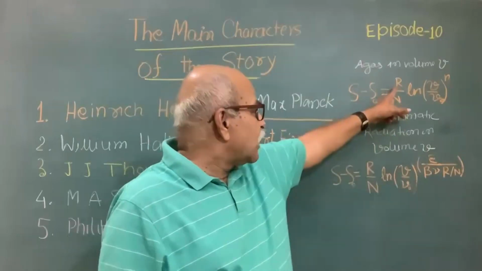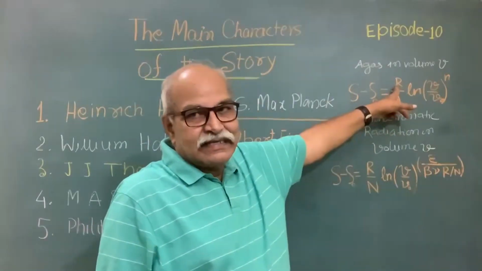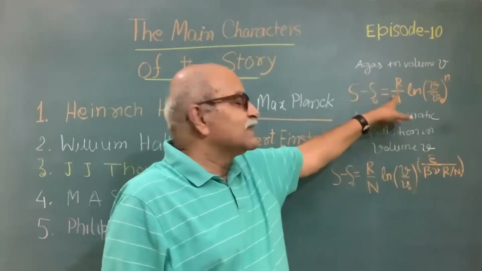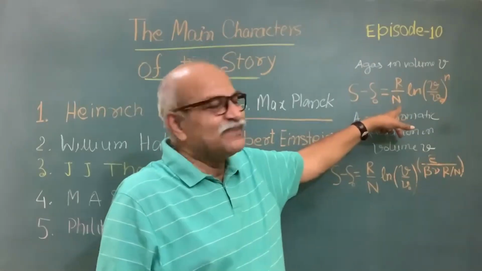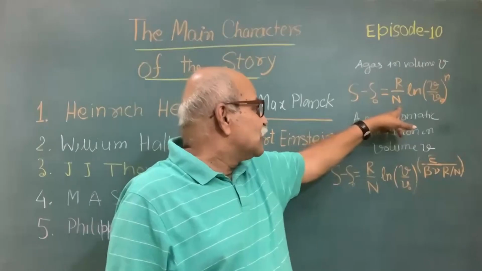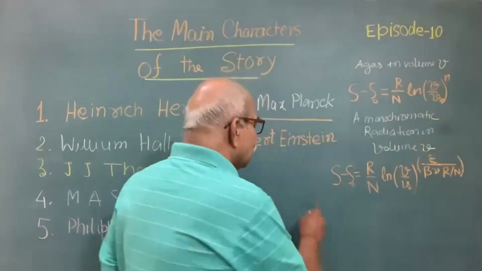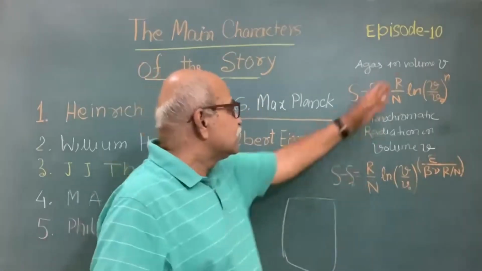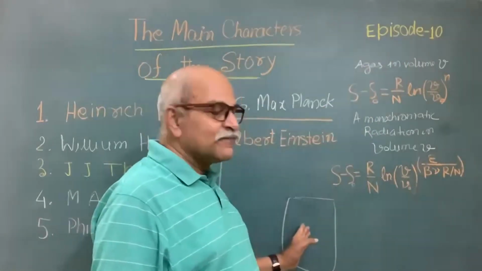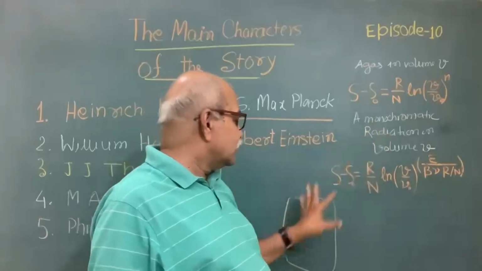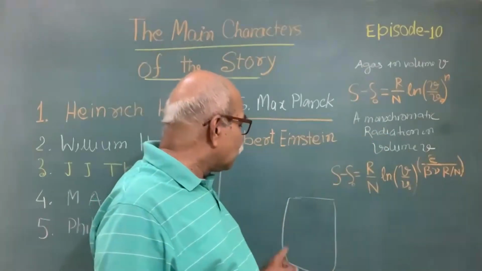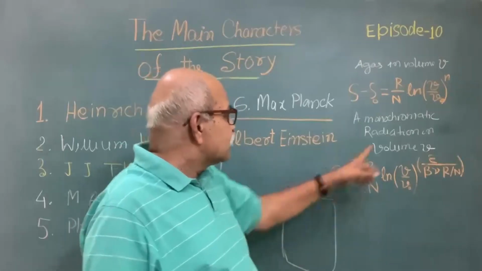Now here this capital R is a gas constant. Capital N is Avogadro constant. So R by N is that Boltzmann constant, small k, that we write. And V is the volume of the chamber. Suppose this is the volume in which this gas is confined, or in the second case this radiation is confined, in equilibrium with the walls. So that is this V.